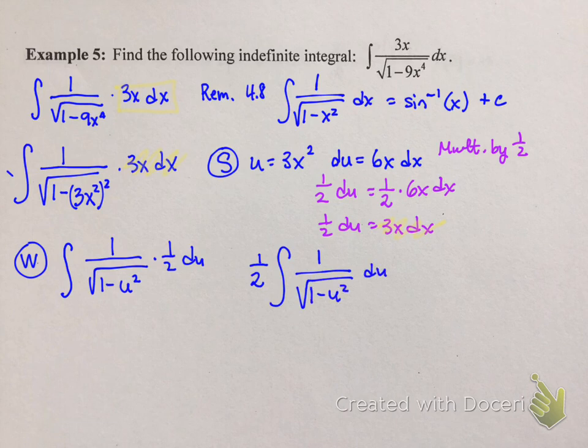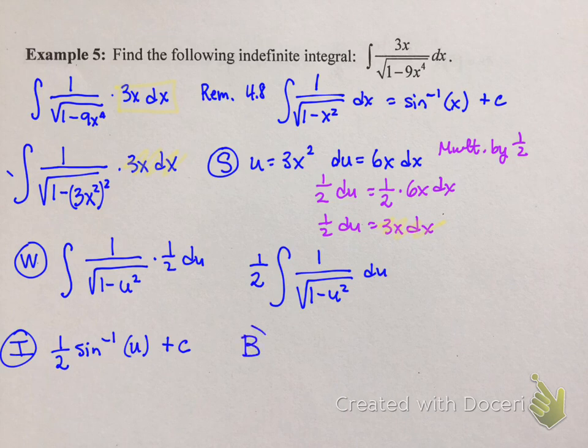Now it's time to integrate. Remember, we just said that the integration of 1 over the square root of 1 minus x squared dx is inverse sine x plus c. So this becomes 1/2 times the inverse sine of u plus the constant, because we haven't back substituted yet.